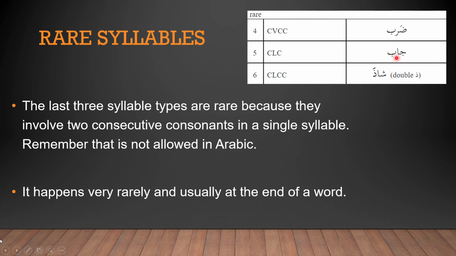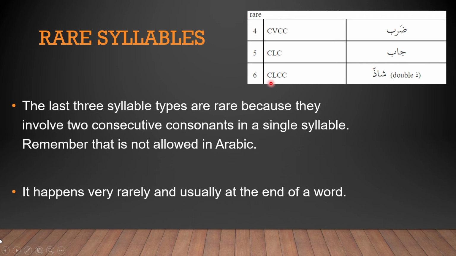Blank letter means it's a sukoon. Sometimes a blank letter is sukoon, especially if it comes at the end. We learned that. So Jab. It's just the consonant sound. Can you hear that? It's not Jaba or Jabi or Jabu. It's a consonant sound. It's not a vowel sound.